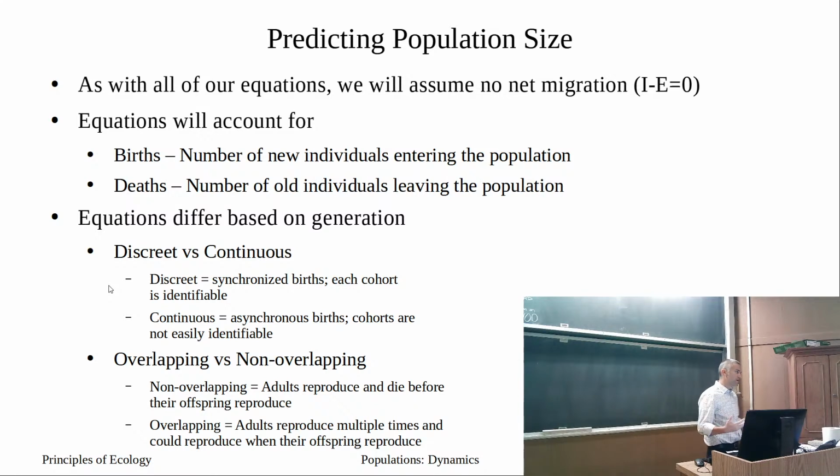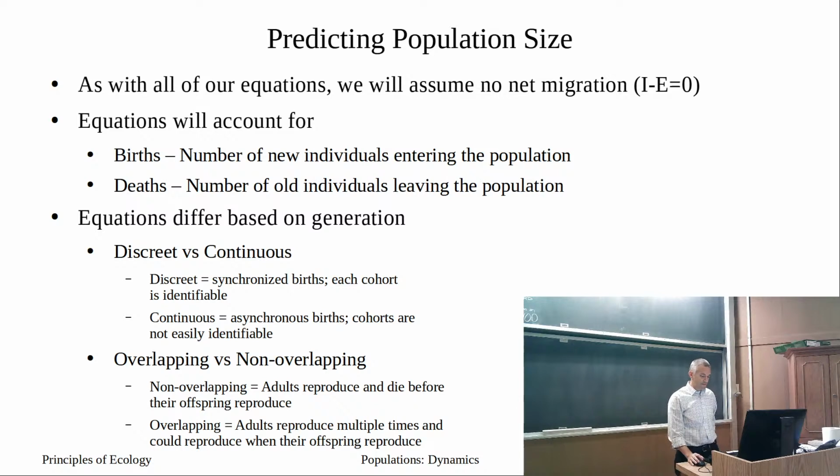So with discrete generations, we have synchronized births, where all individuals are born at the same time. Continuous is when you have continuous births. Some females are giving birth today, some tomorrow, some in 2-3 weeks. It's just a continuous type of reproduction. Then we have overlapping and non-overlapping generations.